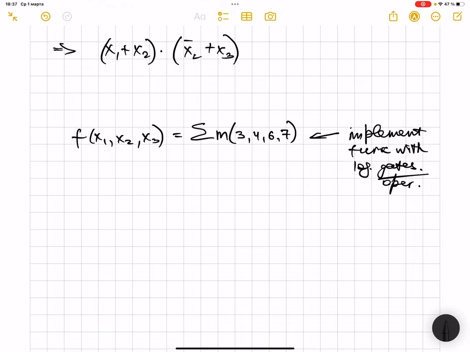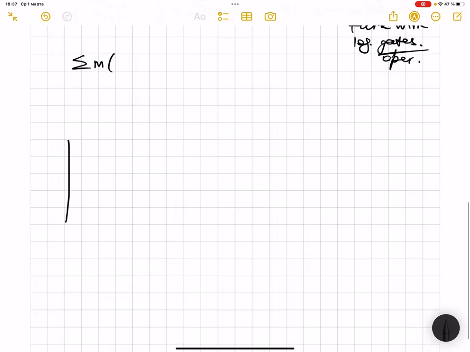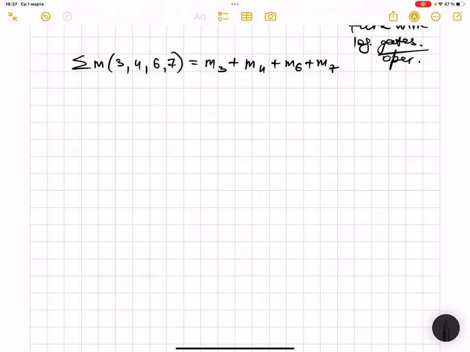The very first thing is to understand that sigma of M3, M4, M6, and M7 is the sum of M3 plus M4, M6, and M7.